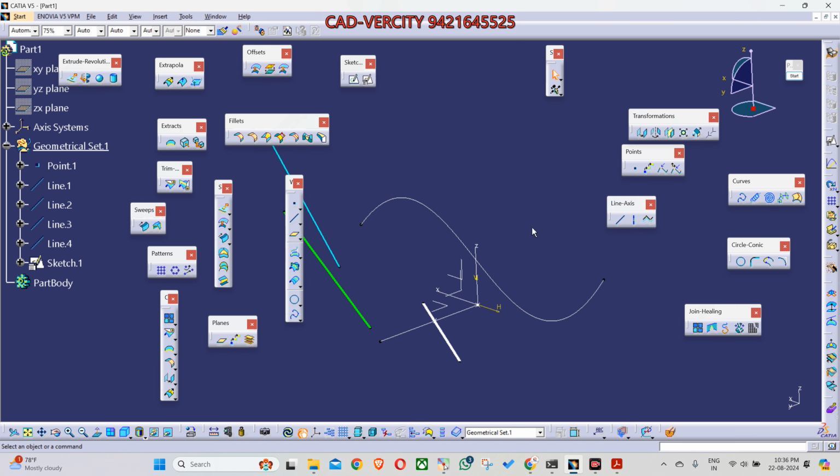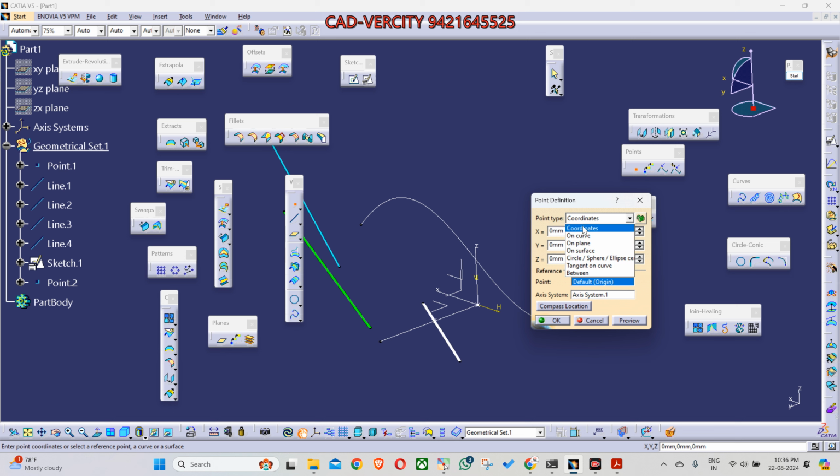Okay, so for now, I will use the point command. Why? Because I want one point on this curve. Which command will I use in point? On curve. Did we use the coordinate point command till now?